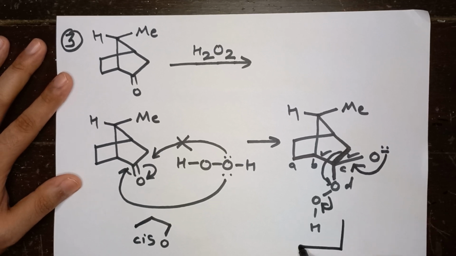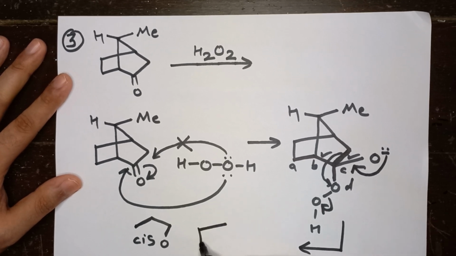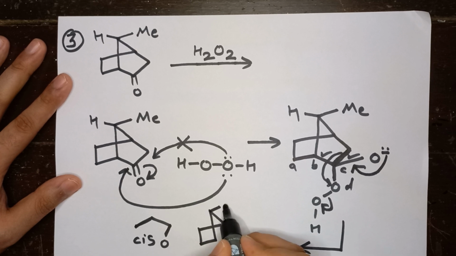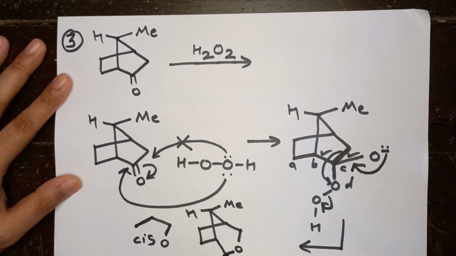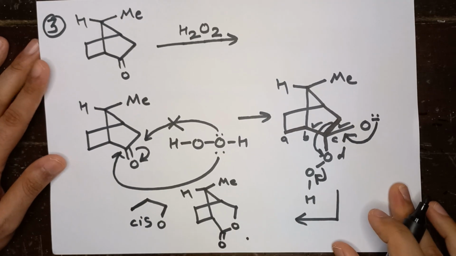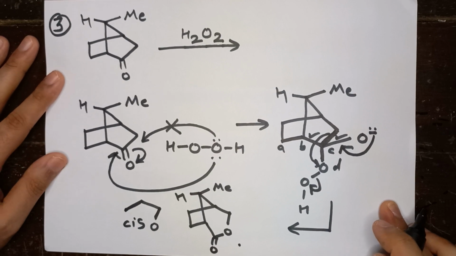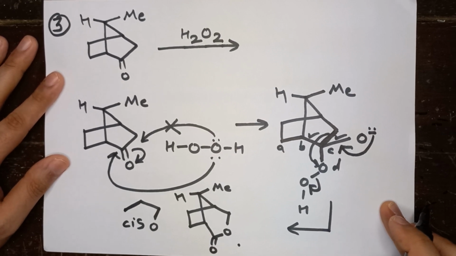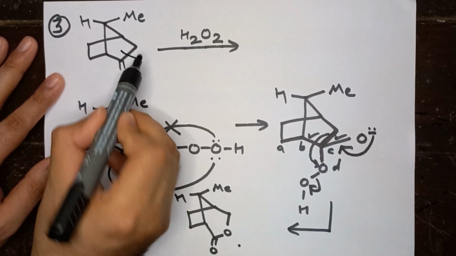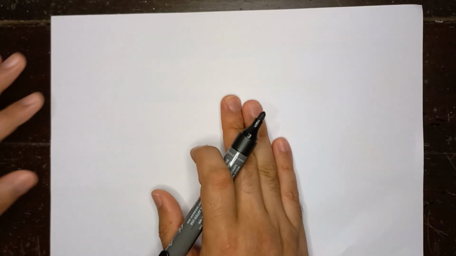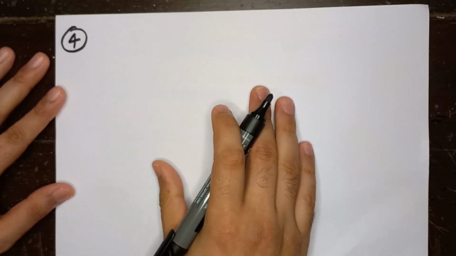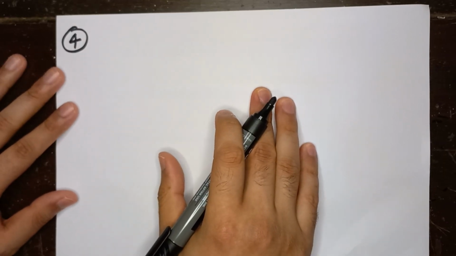So the product will be this one, this one. So this time we are inserting oxygen from this side. Okay, so here's the last type of question you might encounter in your exam.